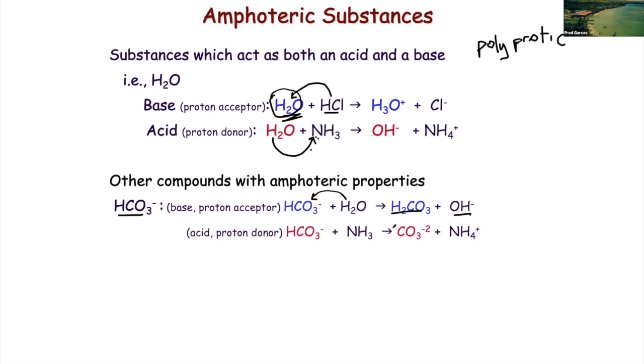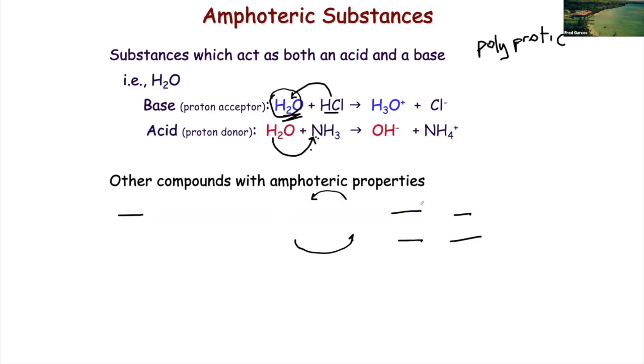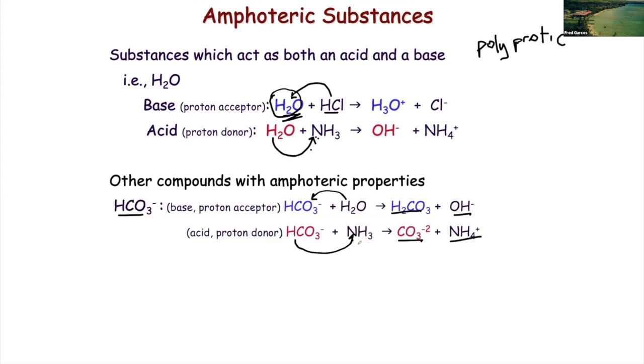In another instance, it can deliver a hydrogen to ammonia, and by doing so, it is going to act as an acid. You get carbonate ion and ammonium in that particular case. So in this particular case, you're actually going to generate an acidic solution because this is donating a hydrogen to ammonia. So bicarbonate is also amphoteric.